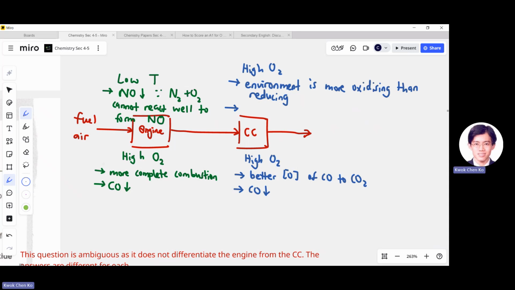And therefore, you have a poorer reduction of NO to N2.